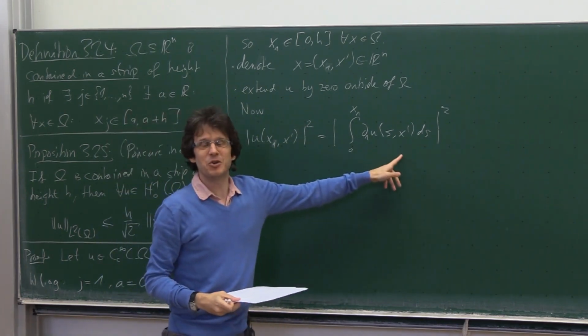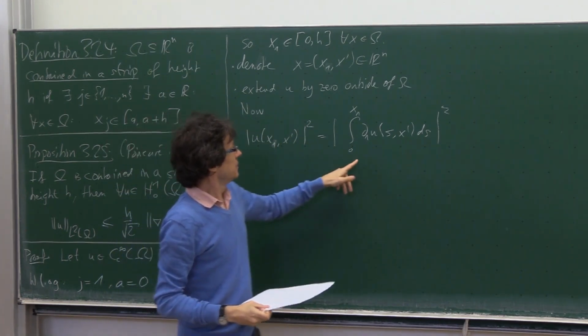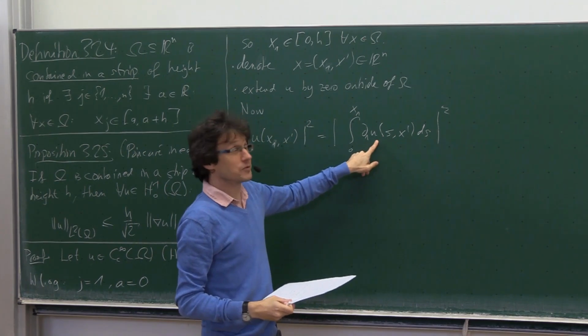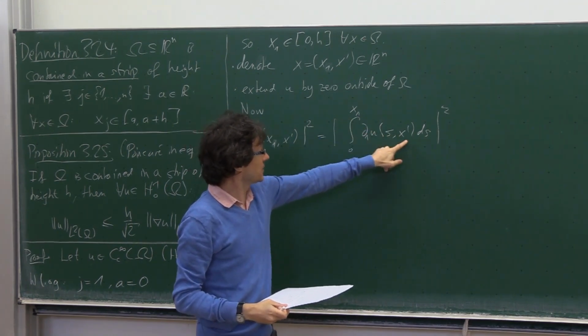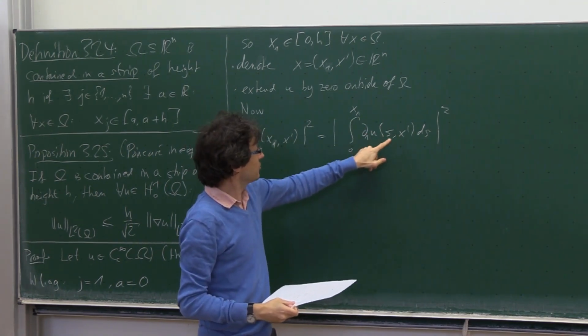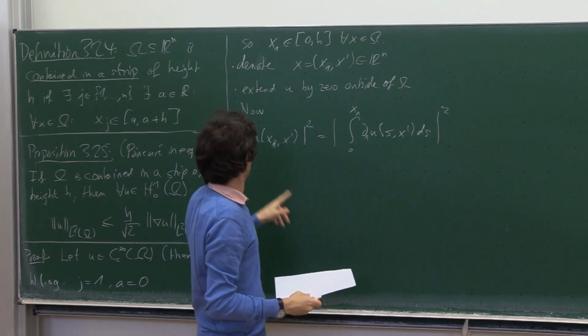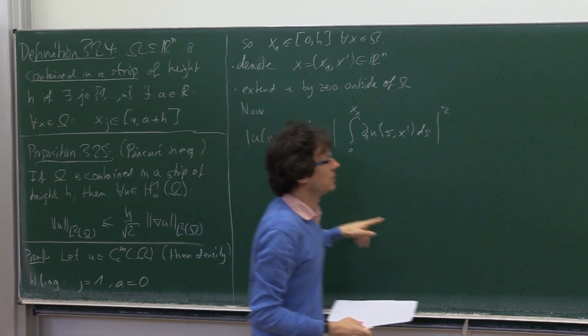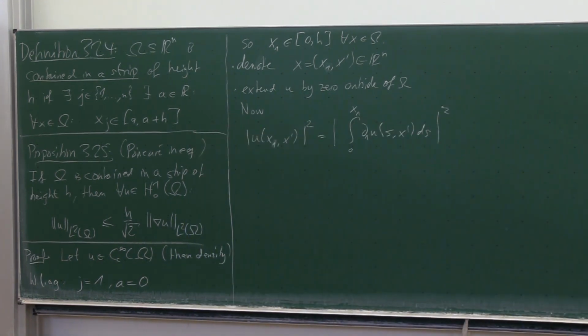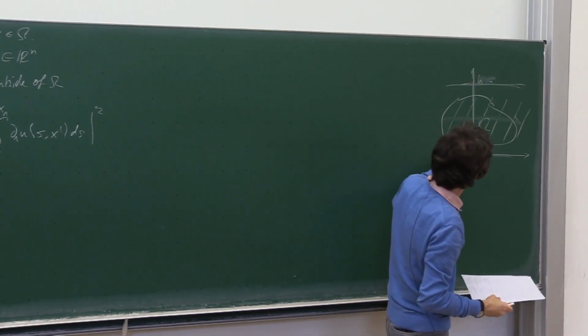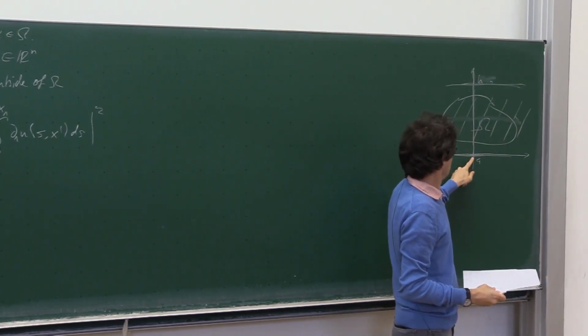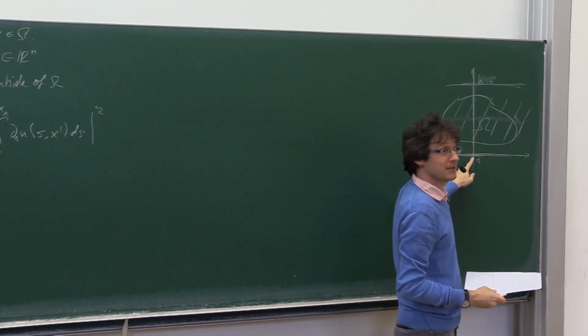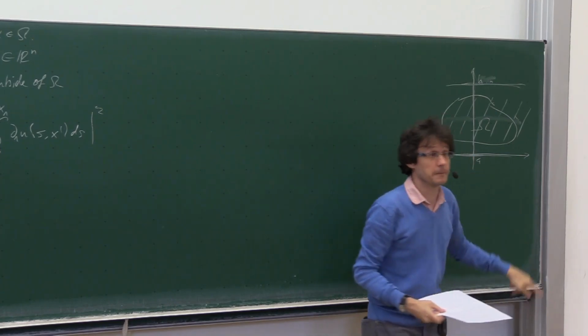This is u at x1, x prime minus u at 0, x prime. But u at 0, x prime is on the boundary of the strip, so either it's outside of omega, or if omega touches here, it's at the boundary of omega, but we have a C_c infinity function in omega, so it's 0 here.